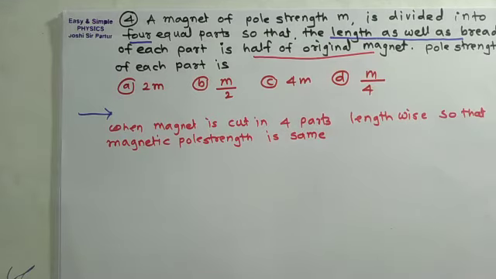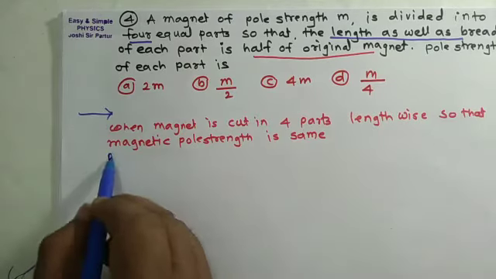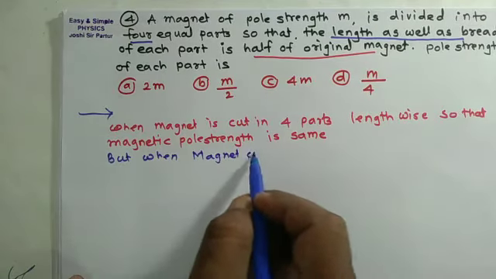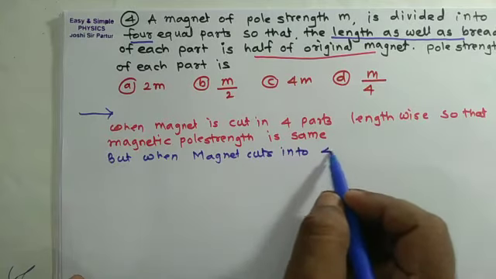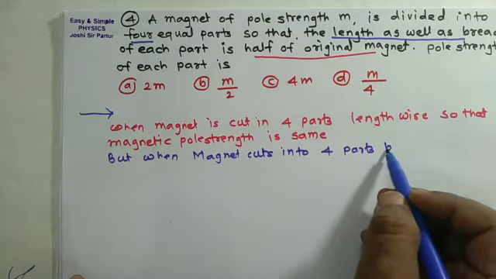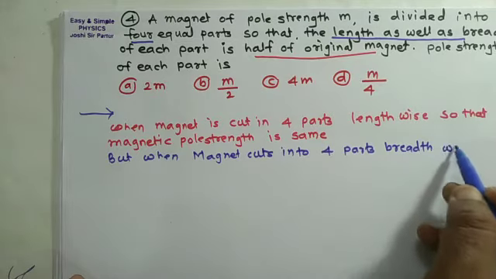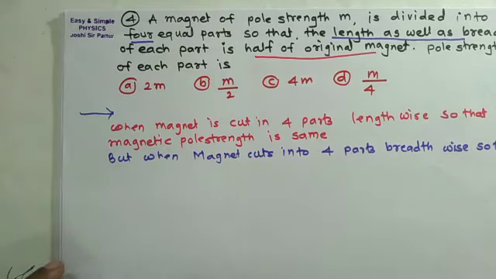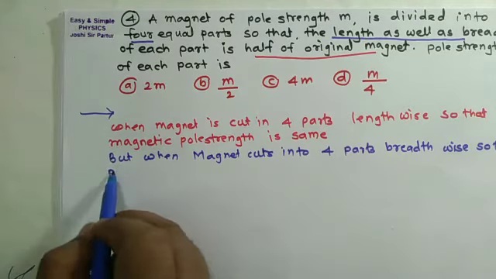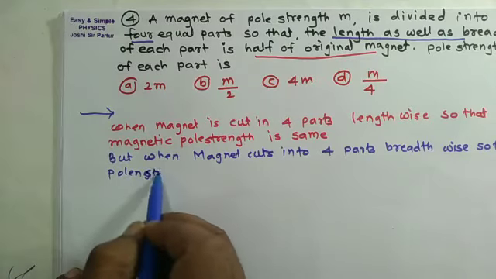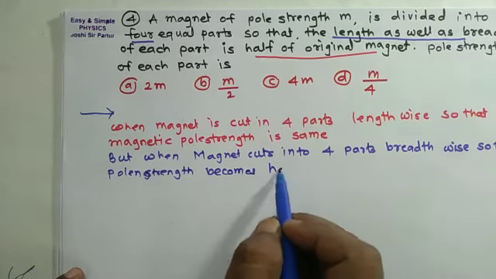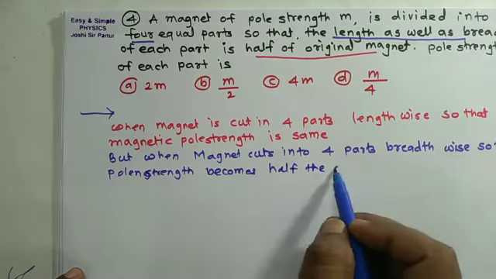But when the magnet is cut into four parts breadthwise, so that pole strength becomes half the original.